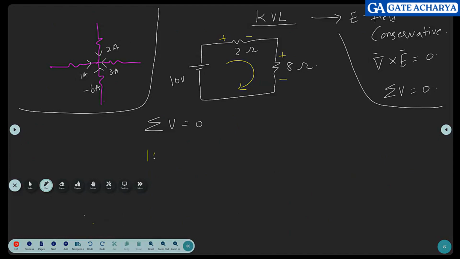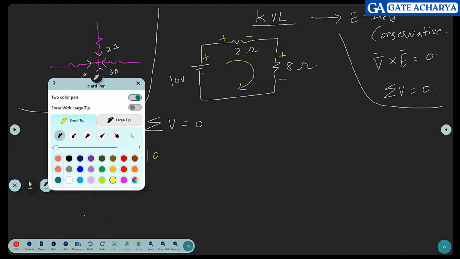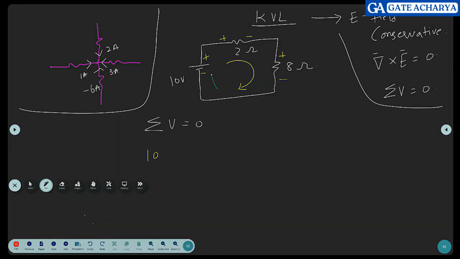So from the 10 volts, when you're traveling like this, you see there is a rise in potential, so I will say plus 10 volts. The next case is there is a drop in the potential, so minus, I don't know the current value, but I into R, where R is 2 ohms. Again, there is a drop in potential, so it is I into 8 ohms, equal to 0.